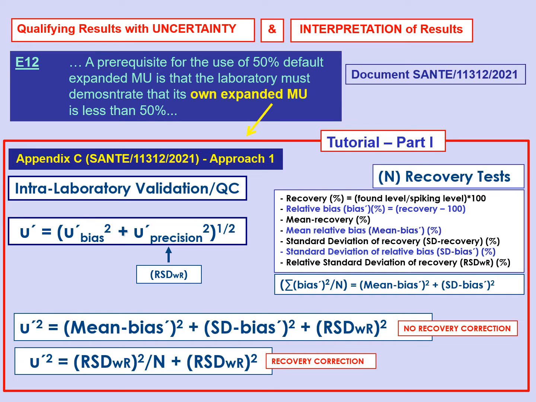Examples given in Appendix C were already evaluated in Part 1 of this tutorial, and this slide summarizes the terminology used there and shows the two final formulas proposed to perform the estimation of the relative standard uncertainty from the results obtained in N recovery tests. One to be used when the analytical results are not corrected with the mean recovery factor, and another one to be used when the mean recovery factor is applied before reporting the result.